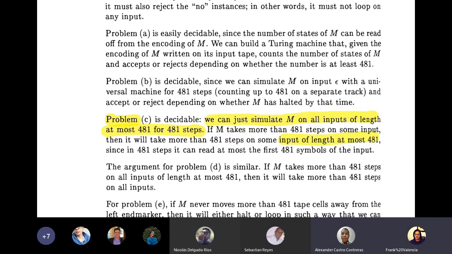Yes, because if you do this number of steps, you cannot read more than this number of symbols on the input. And every time that you make a move, you are reading a symbol in this case.